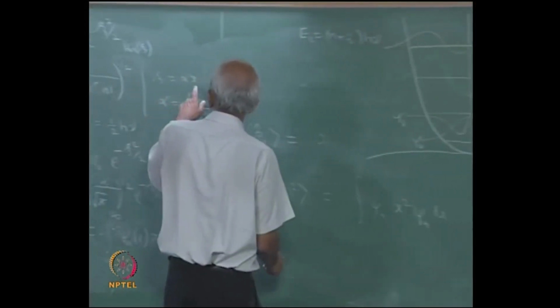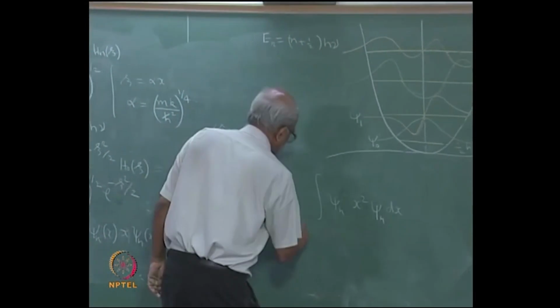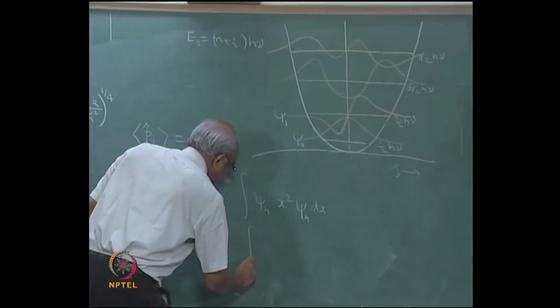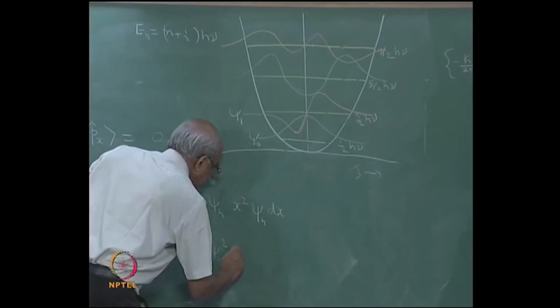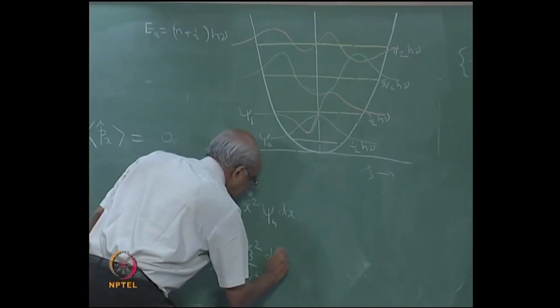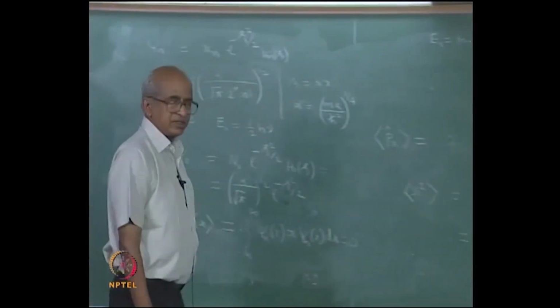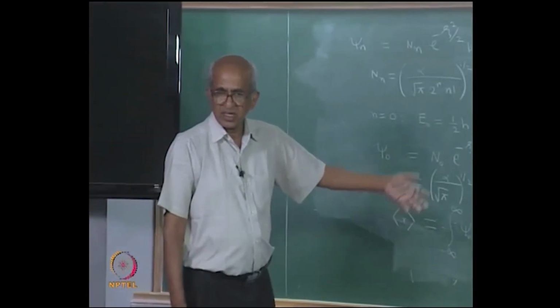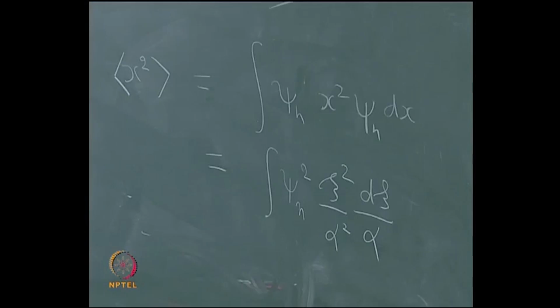So, how will you do that? You have x defined as c by alpha. So, what will happen is you will have integral psi n square c square by alpha square into dc divided by alpha. You are changing x square as well as dx into expressions in terms of c and dc.